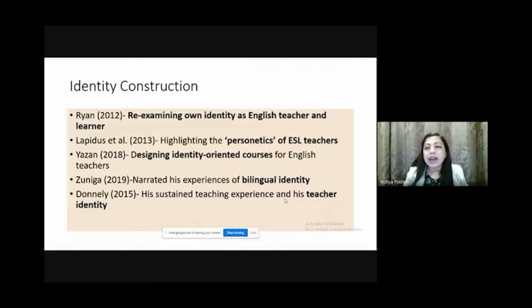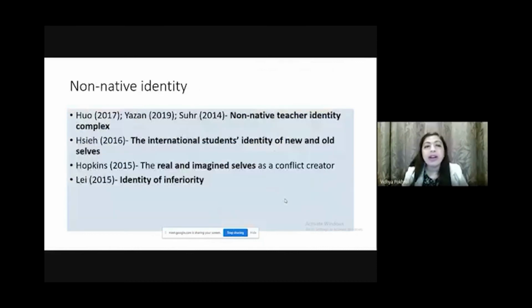Similarly, teacher identity has been brought there, and also the non-native identity has been brought by Huo 2017, Yezen 2019, Suri 2014, Say 2016, Hopkins 2015, and Lay 2015, where they have talked about non-native teacher identity complex, about new and old selves of the international students' identity, and also about real and imagined self, and also about identity of inferiority.